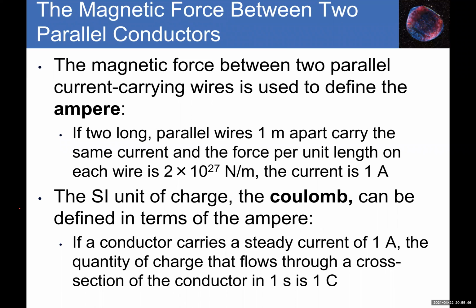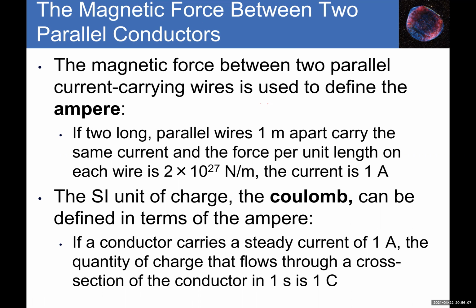So two currents in the same direction are attractive; two currents in opposite directions are repulsive. Now, the magnetic force between parallel current-carrying wires is used to define the ampere. We talked about the ampere as a unit for current. This is the official definition of the ampere, which is taken from this setup.